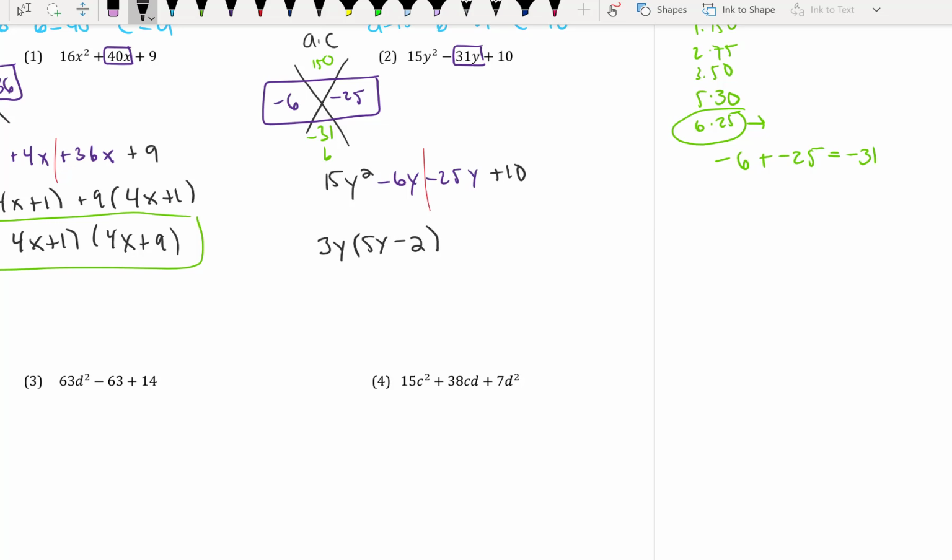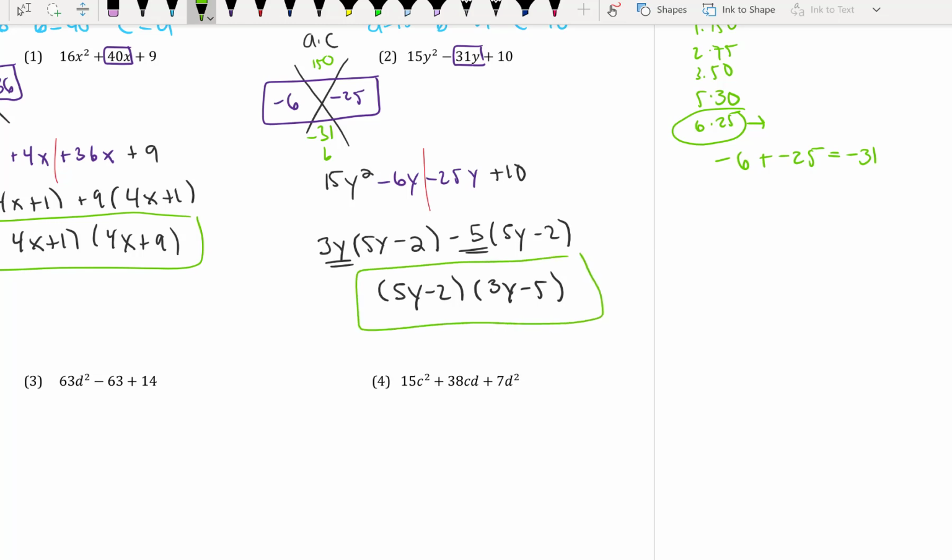The second half has a negative 5 in common, so that's going to give me a 5y minus 2. So my common parentheses is 5y minus 2, and my leftovers are a 3y minus 5. So now I have my answer as 5y minus 2 and 3y minus 5.